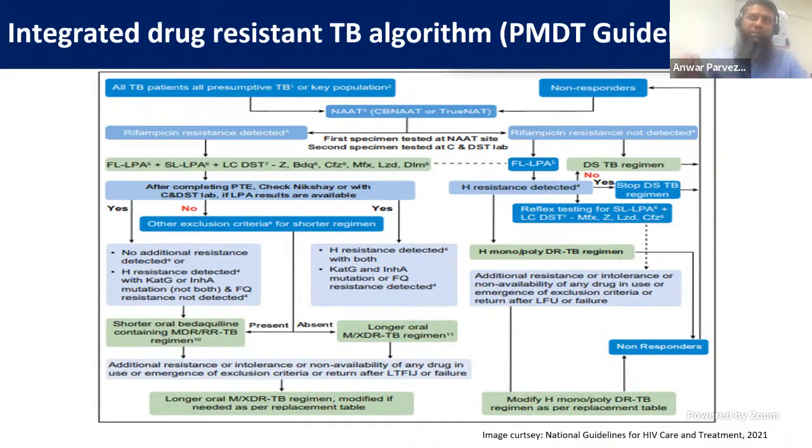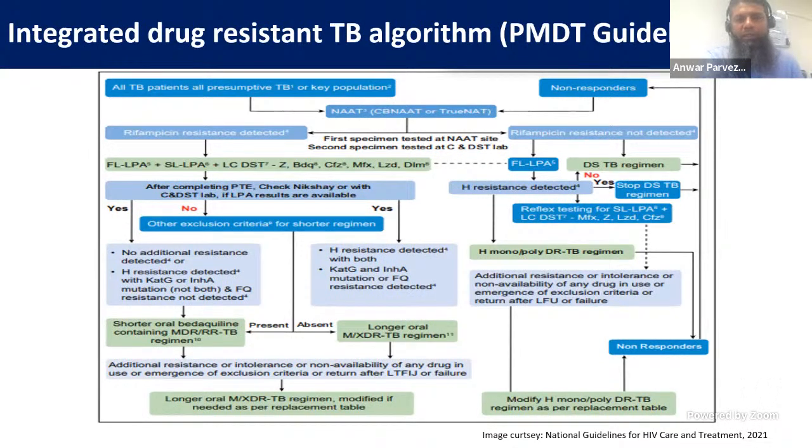But along with rifampicin, if they identify resistance to INH with both mutations present, along with resistance to other anti-TB drugs, then they give the longer XDR-TB regimen. And additional resistance, intolerance or non-availability, all these patients are also considered differently in MDR-TB centers.